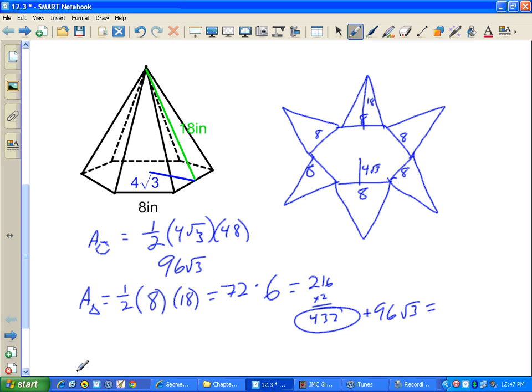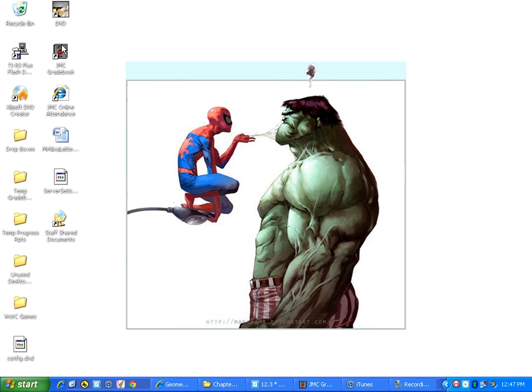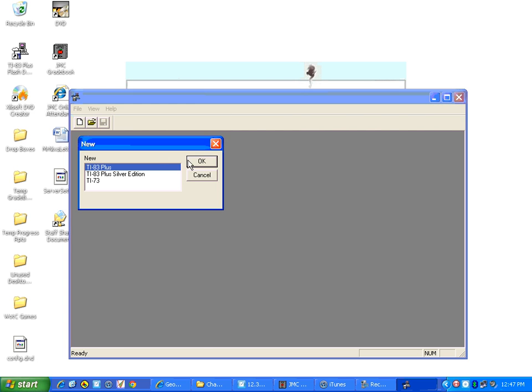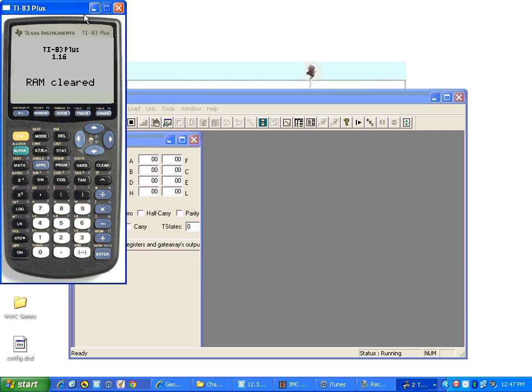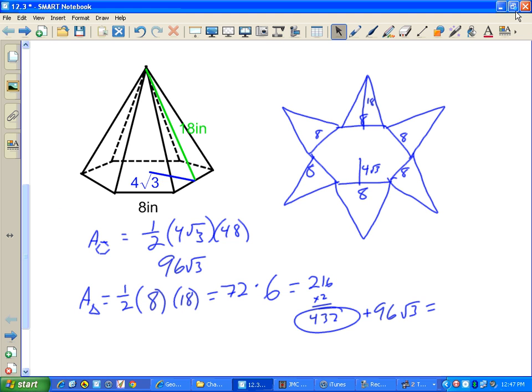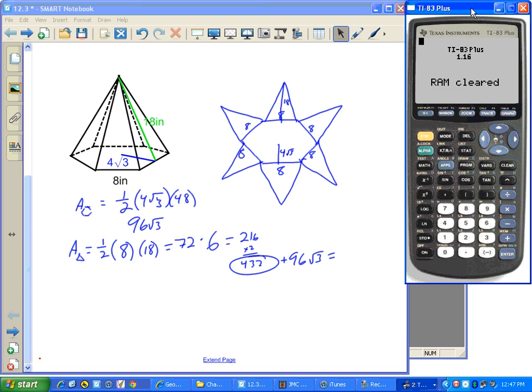Let's get the calculator here, because we want a decimal. So we got 432 plus 96 square root of 3, which is 598.2728 actually.